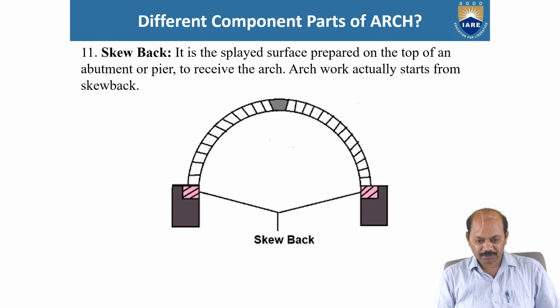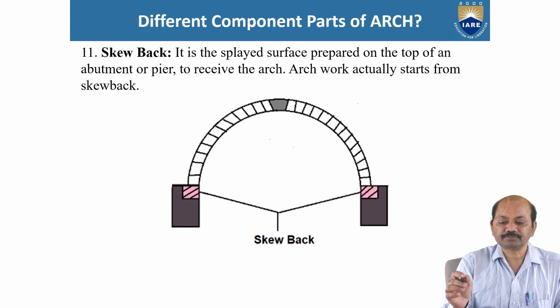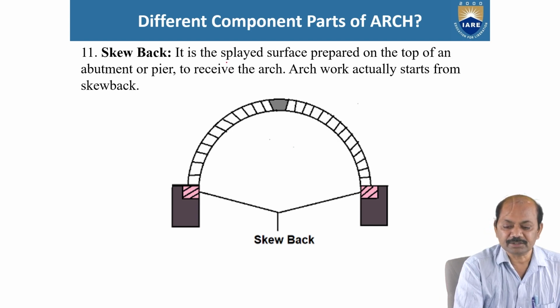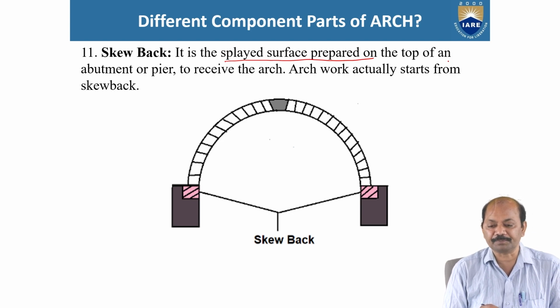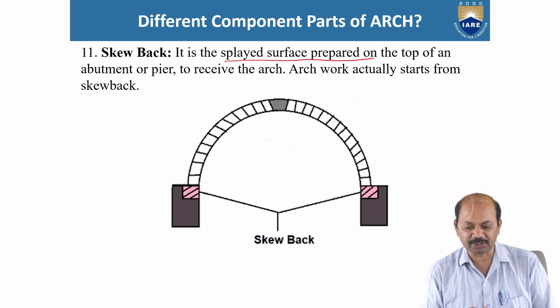Skew back. Skew back is the splayed surface prepared on the top of an abutment or pier to receive the arch.